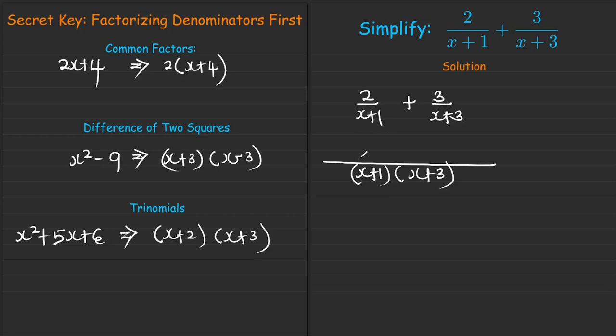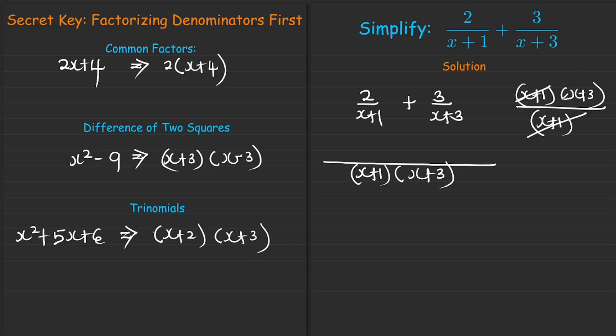Now we solve for the numerators. x plus 1, x plus 3 being our denominator, we are going to divide it by x plus 1. By so doing, this cancels out what you have here, and we have this as the remaining.